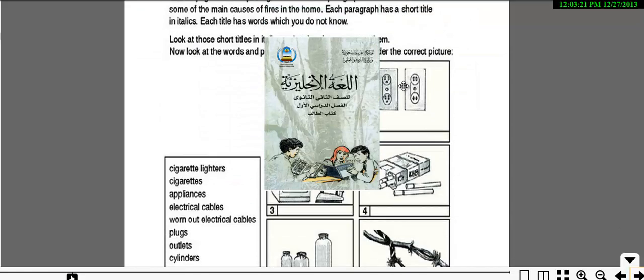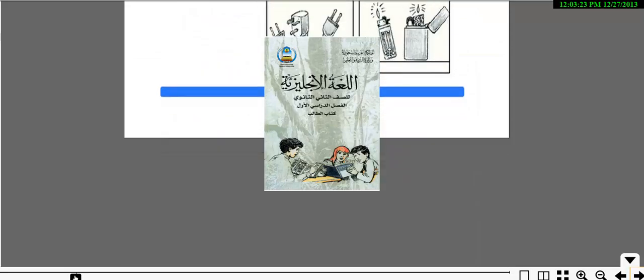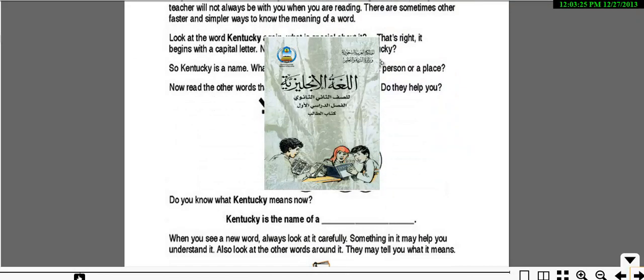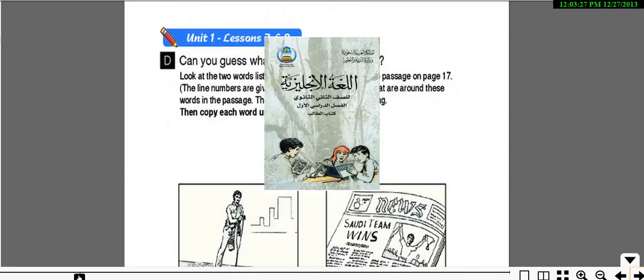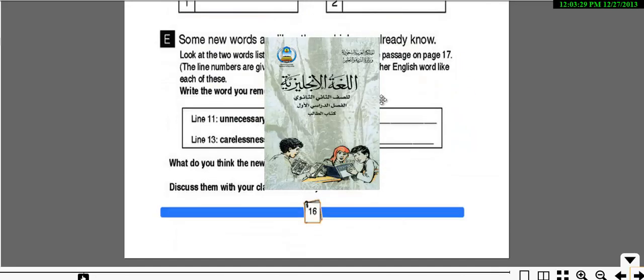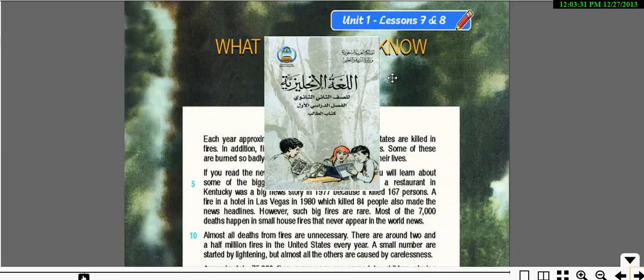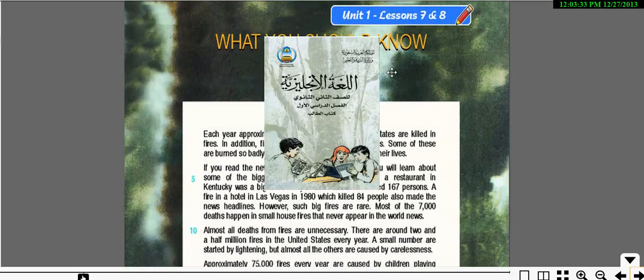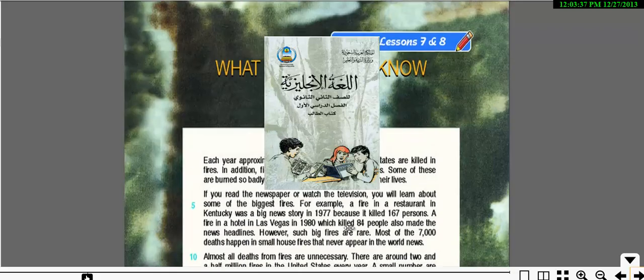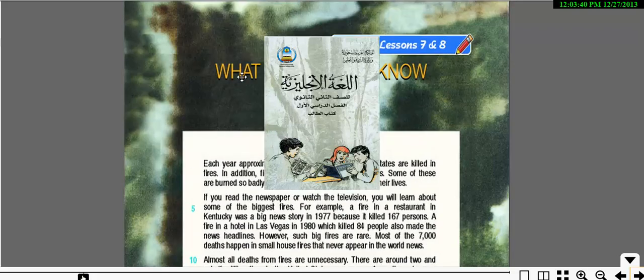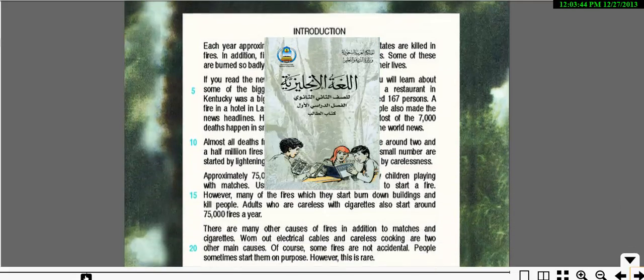You really need to keep a good visual memory of what you see. Now there is a background. It's full of fires, and there's a large title here. It goes, what you should know about fires. And then look at the text.